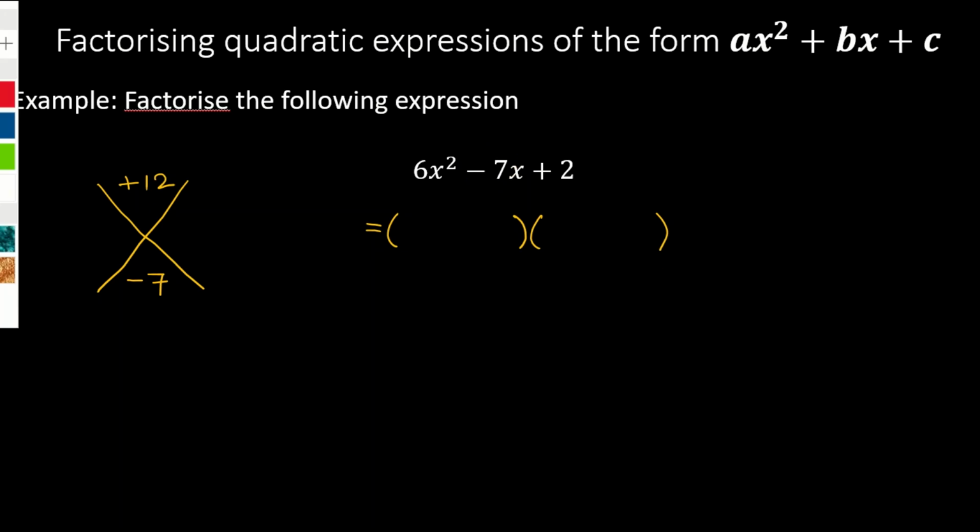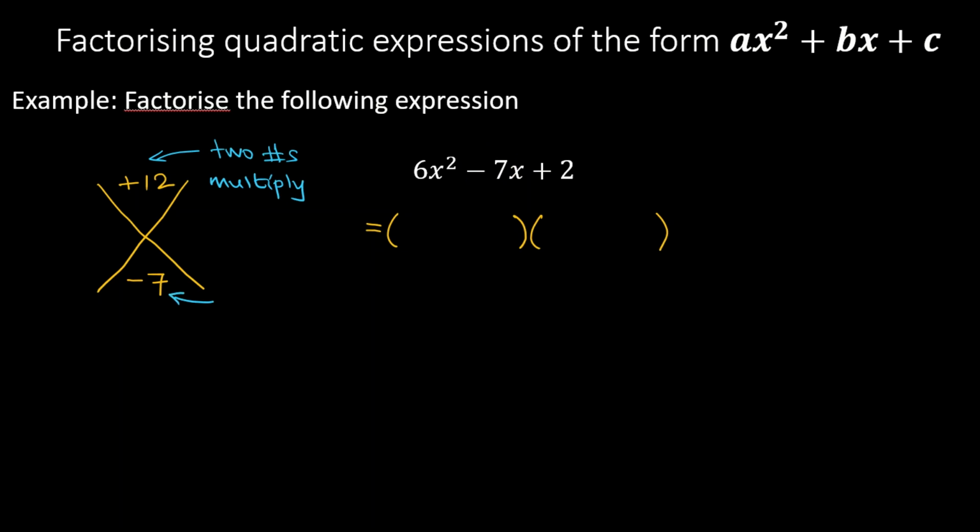Now the next step is to think of 2 numbers, which when you multiply give positive 12, and the same 2 numbers which when you add give negative 7.